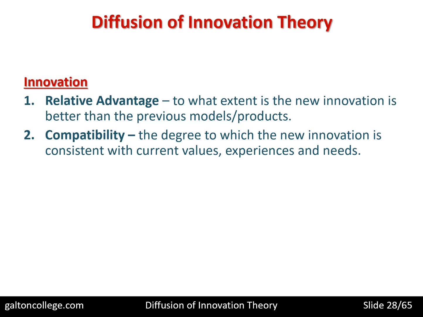The compatibility I mentioned earlier, well, the degree to which new innovation is consistent with current values, experiences, and needs. Does it suit us? Is the product acceptable to us? And also, if it's a production system, as I said in the previous slide, the innovations should fit in with the overall production system within the business.